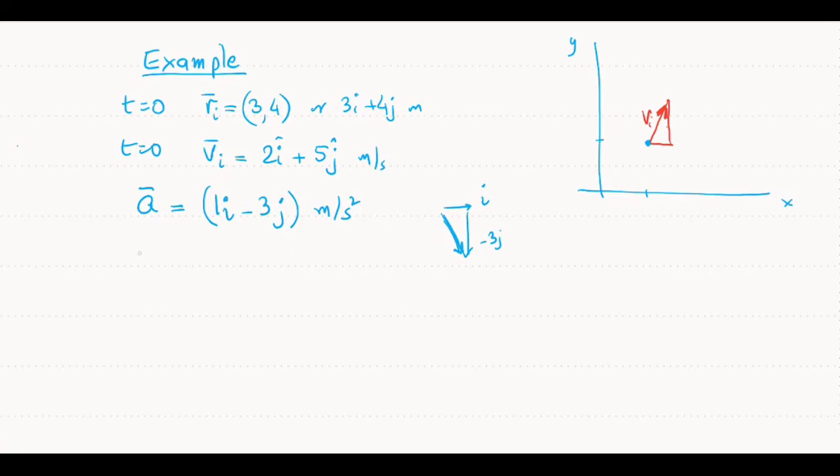And the question is, where is it? What is r final and v final at t equals 3 seconds? Where will it be after 3 seconds, and what would be its speed, and what would be its direction?